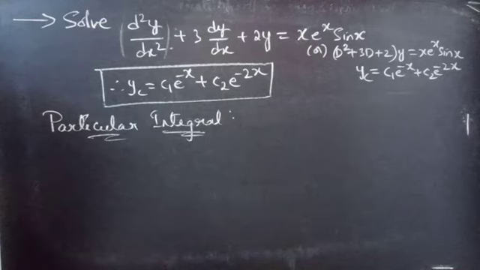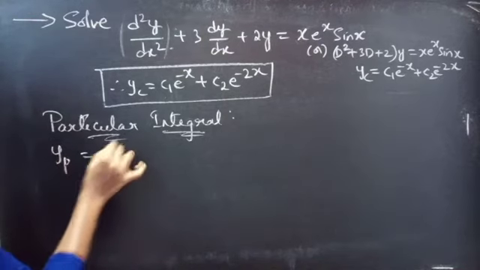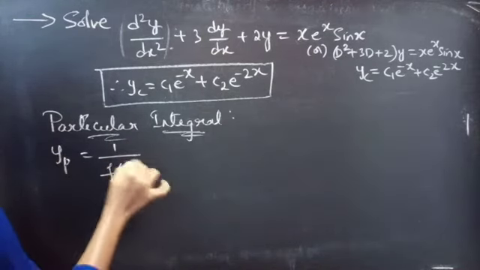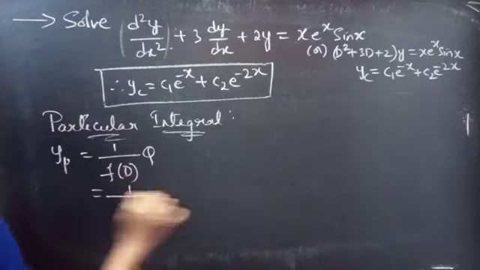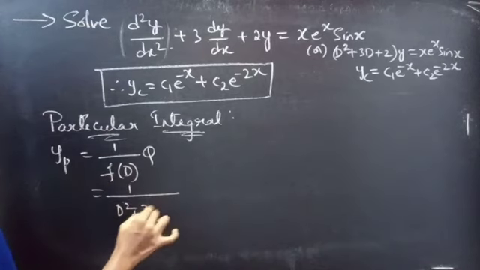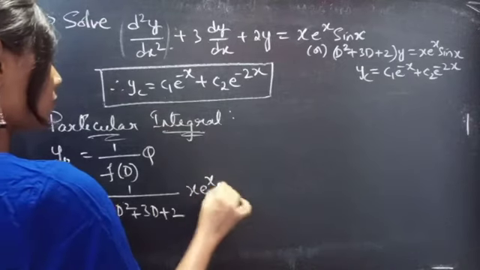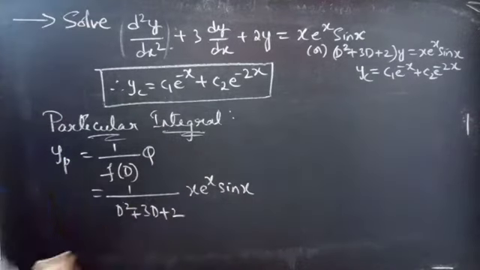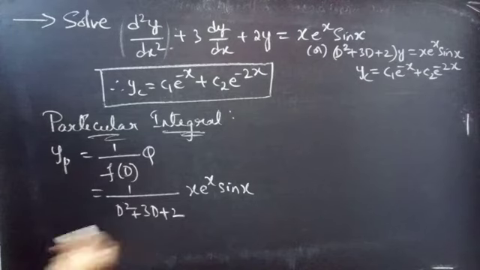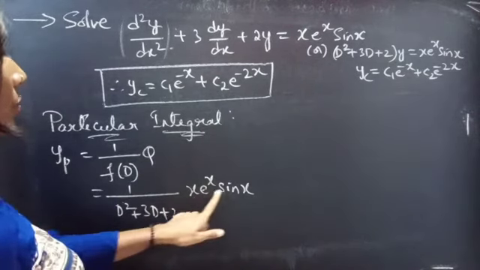We can find yp using 1/f(D) into Q. We have f(D) and Q, where f(D) is D² + 3D + 2 and Q is x e^x sin x.